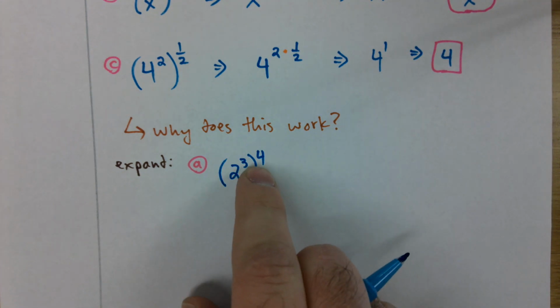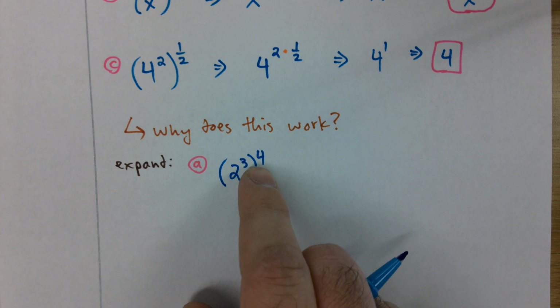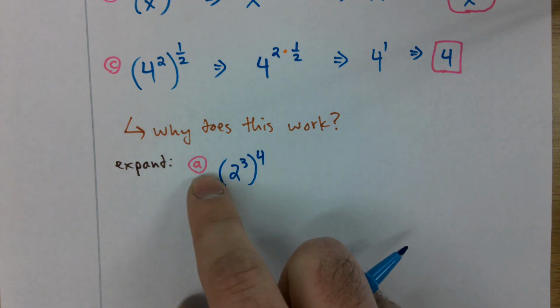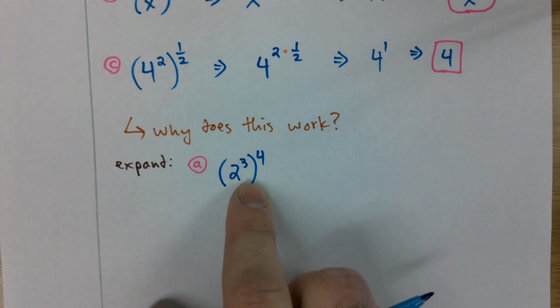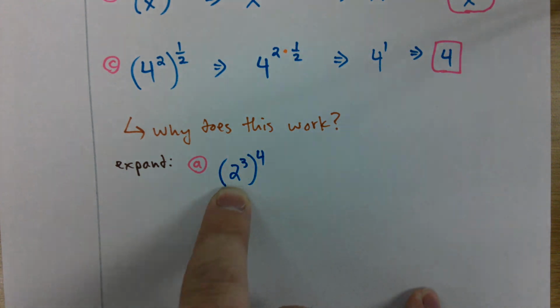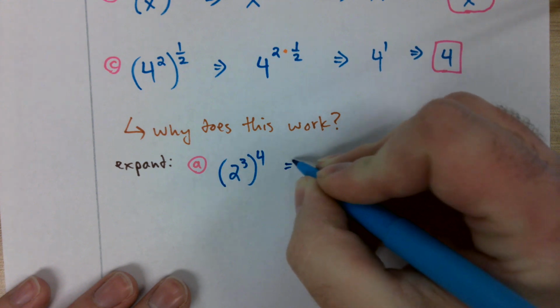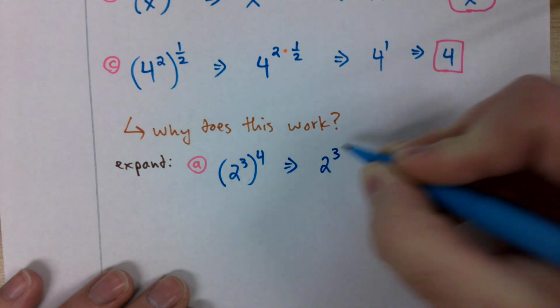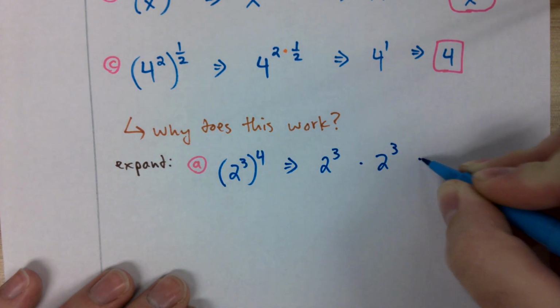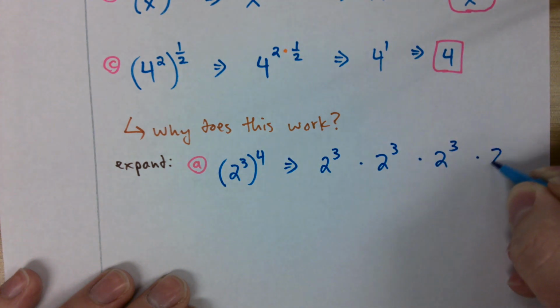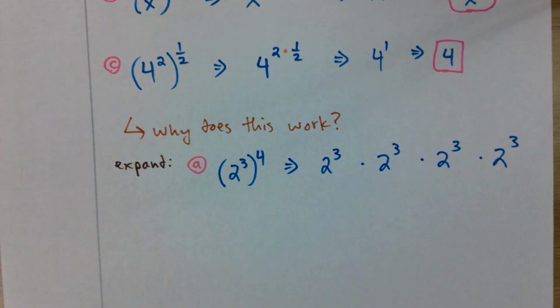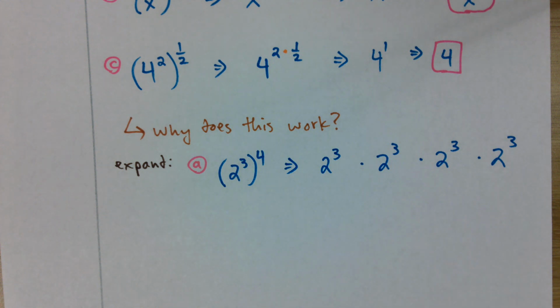Let's expand out this 4 exponent here. Because when this 4 is on the outside of these parentheses, it's telling us that we have how many 2 to the thirds? 4 of them, right? So let's write out 2 to the third times 2 to the third times 2 to the third times 2 to the third. Didn't change anything about our problem.